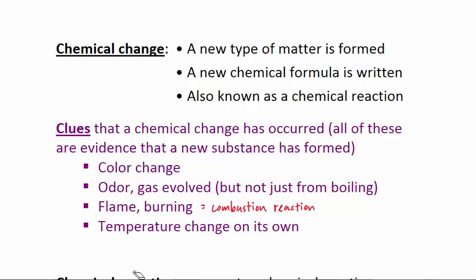Let me do a slightly different one where I'm going to mix two things together. This is the wrong one. There we go. Calcium chloride solution. It just looks like water because, again, it's been dissolved in water. We deal with a lot of chemicals that are dissolved in water. Okay?